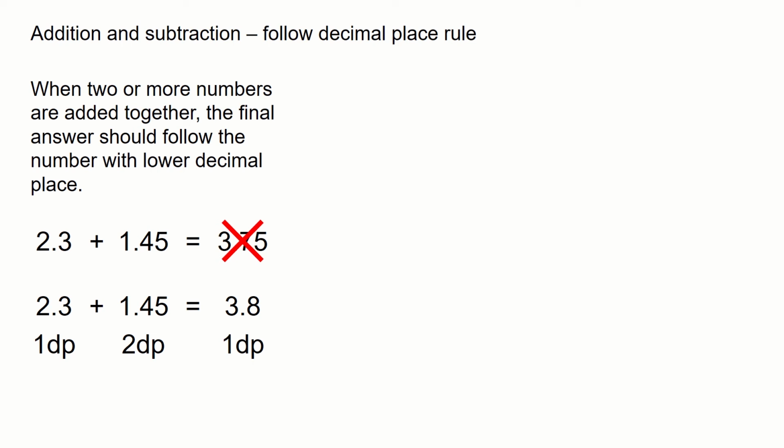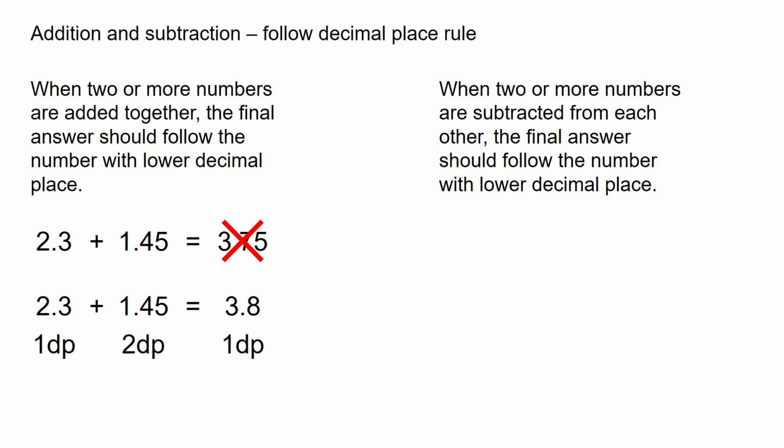How about when you subtract the numbers? The rule still applies. The final answer should follow the number with the lower decimal. So I have 2.321 minus 1.75, you will get 0.571. Wrong.